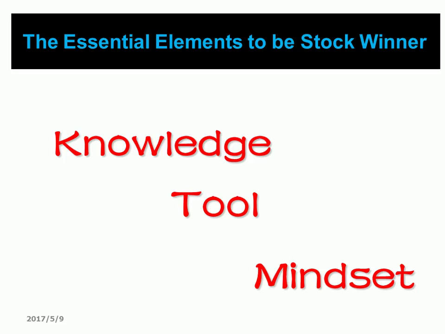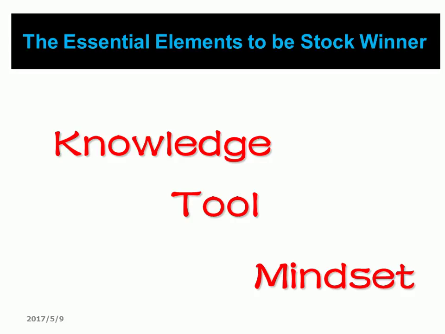This is the important part. So the essential elements to be a stock winner are knowledge, tool, and mindset. If you have the knowledge, if you have the tool, and you can keep a good mindset, this is the essential elements to be the stock winner. For knowledge, why do you need to come to learn? Because from the seminar, I can know the current market, I can know the trading strategy.